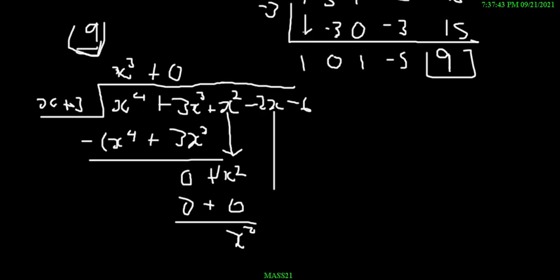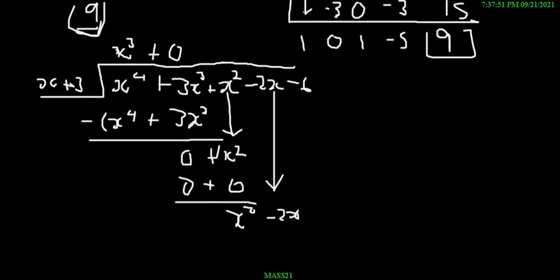And this goes down, negative 2x. x into x to the power 2 is x. x times x is x squared. x times 3 is positive 3x.